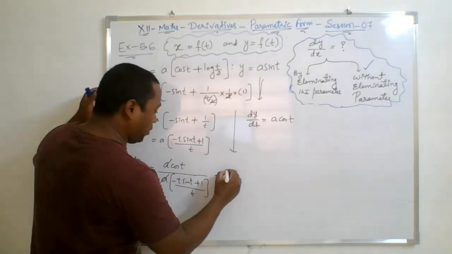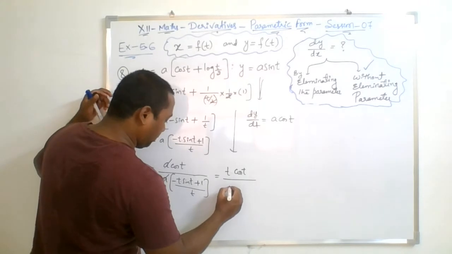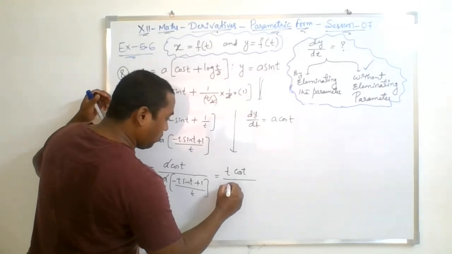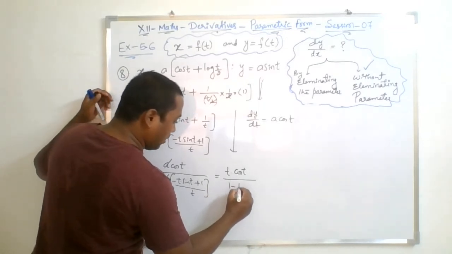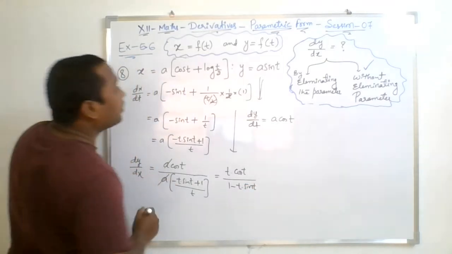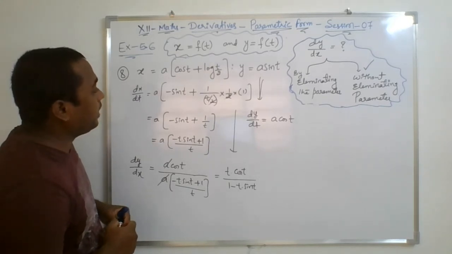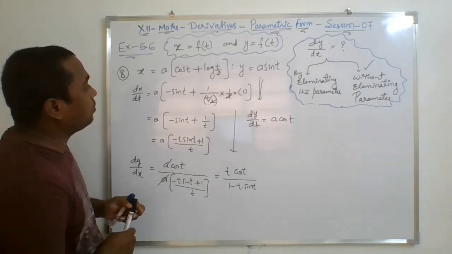So it reduces to t cos t upon, you may also write it as, 1 minus t into sin t. Yeah, 1 by x and the rest is t by 2.